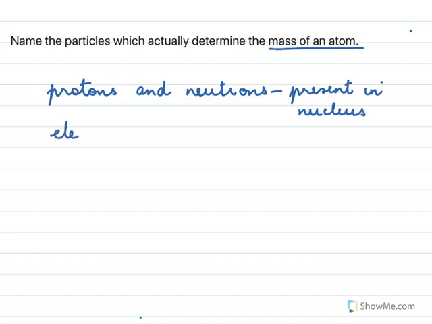Now, electrons have got negligible mass, and hence they do not include the mass number. It is only the protons and the neutrons which actually determine the mass of an atom, because electrons have got negligible mass.